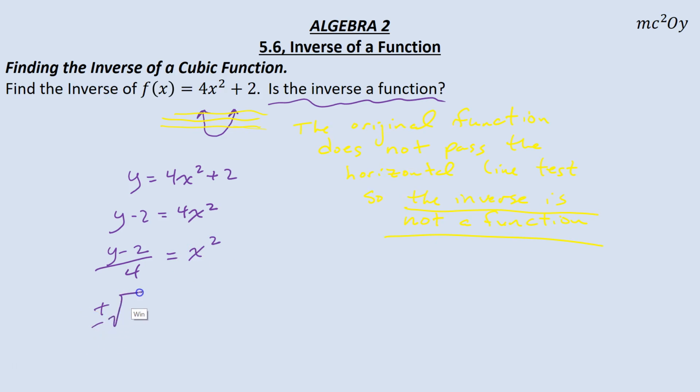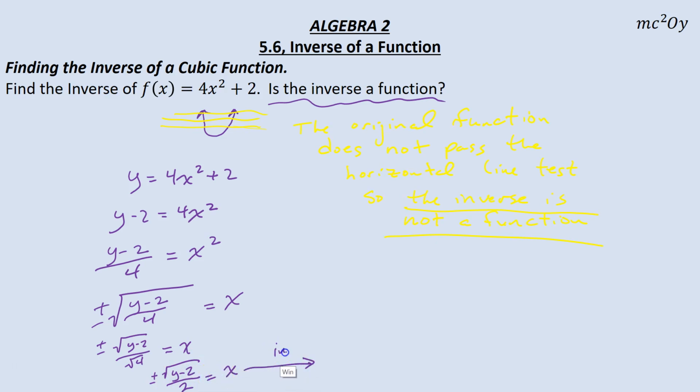When I take the root, I've got to put that plus or minus. Plus or minus the root of y minus 2 over the root of 4 equals x, which becomes plus or minus the root of y minus 2, over 2, equals x.